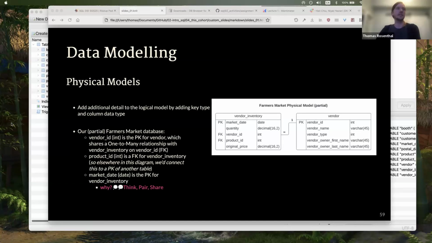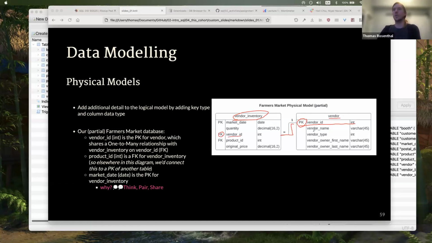Vendor ID, which is an integer, is the primary key for vendor, which shares a one-to-many relationship with vendor inventory on the foreign key vendor ID.